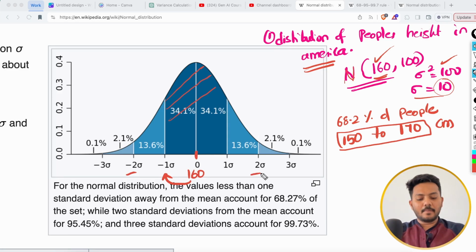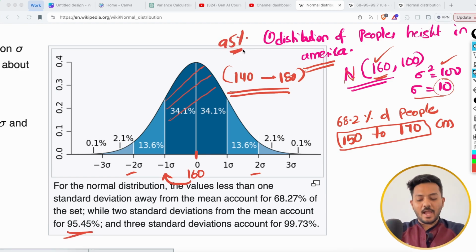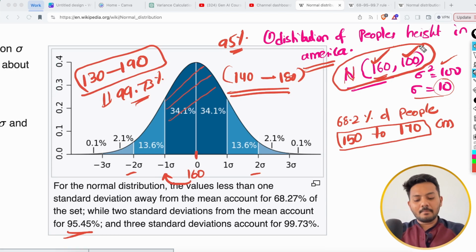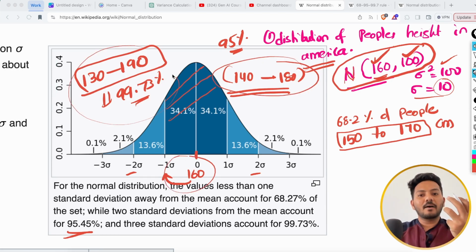And if I calculate 2 sigma, which is 140 to 180, then between approximately 140 to 180 centimeters I would have 95% of the population, and between 130 to 190, I would have approximately 99.73% of people's heights. So without even looking at the data points or people's heights, by just knowing that the distribution follows a normal distribution with a given mean and standard deviation, I can make these conclusions. That is the power of a normal distribution.